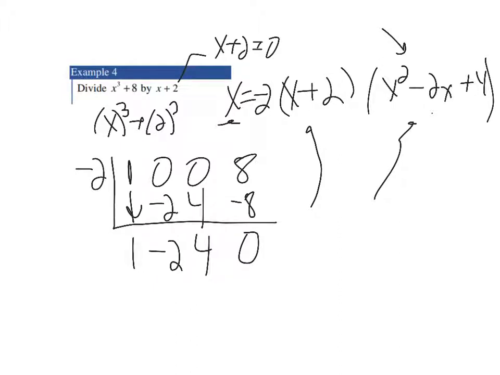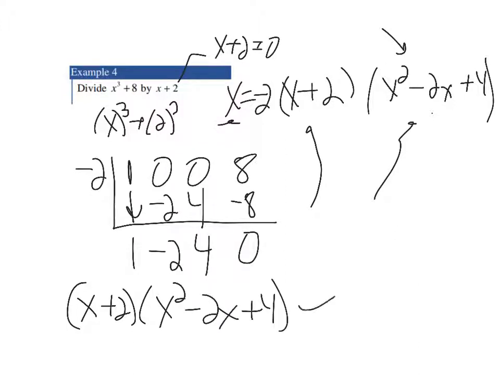Now to write out our problem here, I'm going to do x plus 2, because that's what I divided by, times, and remember, this is the coefficient of 1 degree less than that term that we started with. So x squared minus 2x plus 4, which, notice, that's how that factors. So you could have done this problem without synthetic division if you knew that factoring pattern.